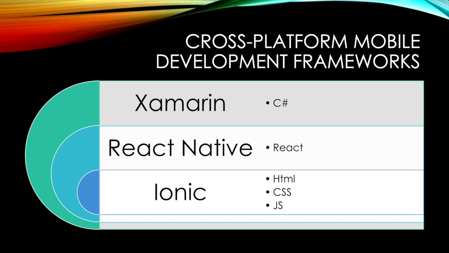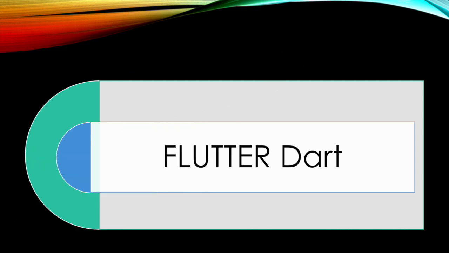They use the combination of HTML, CSS, and JavaScript. And then my favorite one, which is Flutter. Flutter is very easy to learn, very good to use. I like it. Flutter uses Dart. So those are the frameworks that you can use.